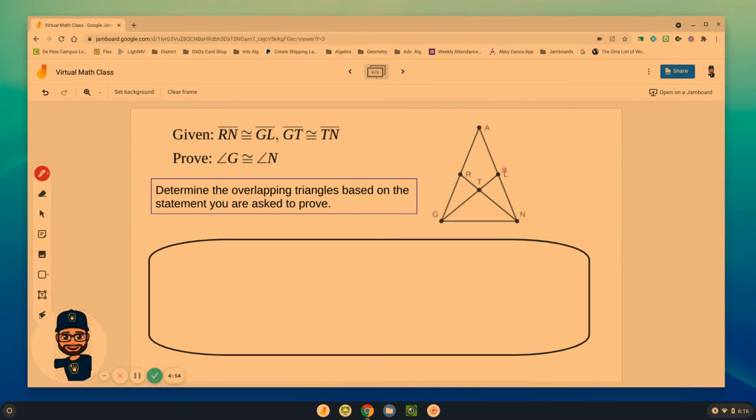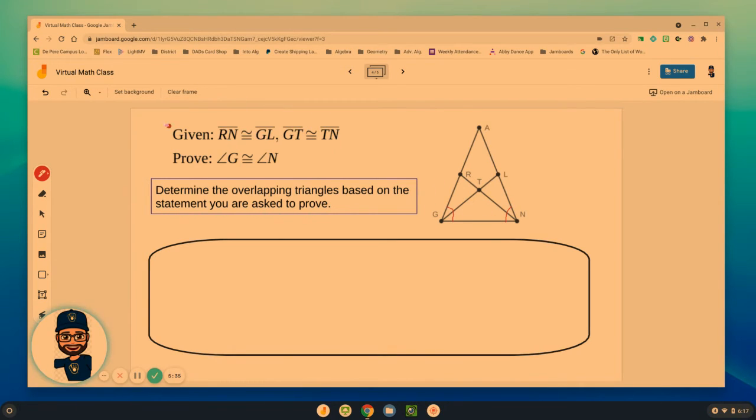Same exact triangle that we started with, but we're probably going to work with different triangles here now. We've got RN congruent to GL, so that's this segment, congruent to GL, and GT congruent to TN. We want to prove that angle G down here is congruent to angle N down here. So this angle G congruent to this angle N, the whole thing.